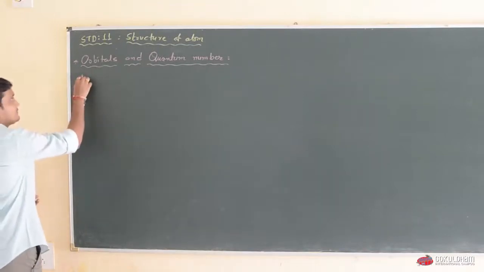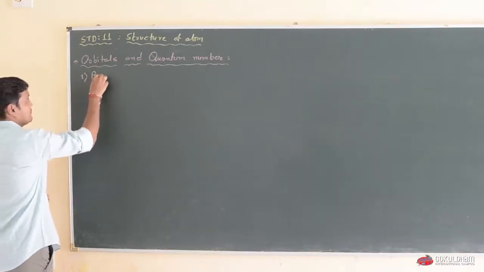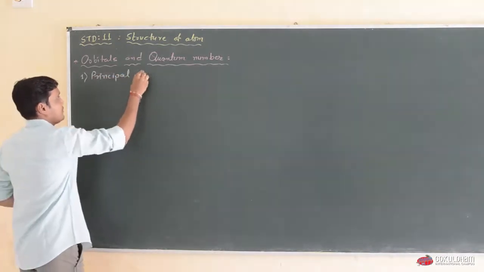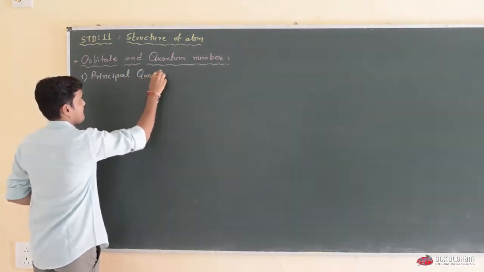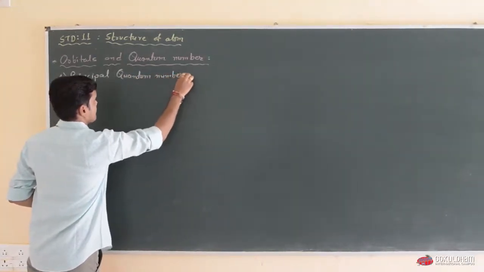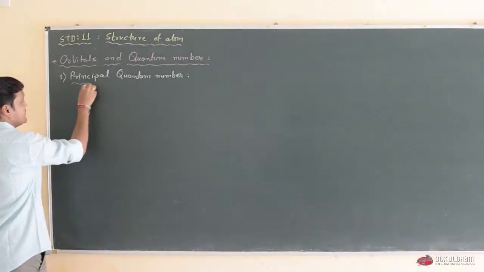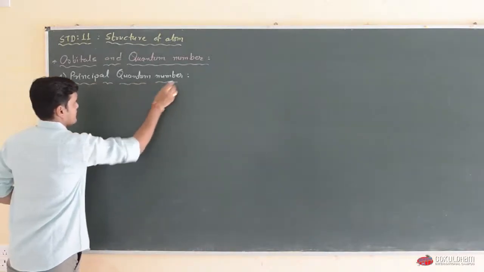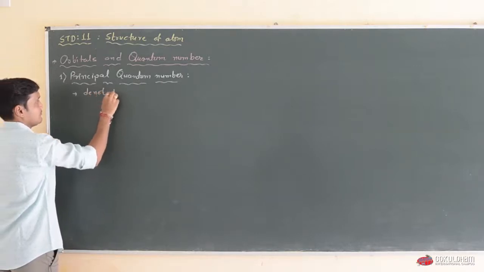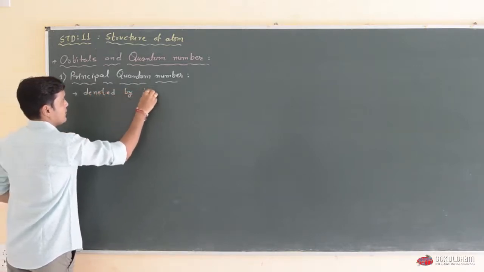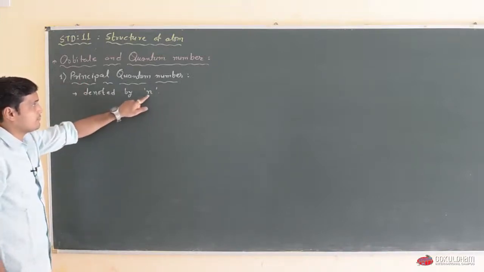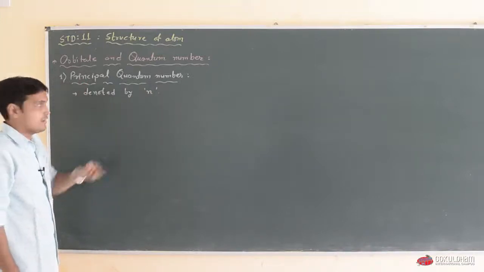The first one is the principal quantum number. The principal quantum number is denoted by small n.